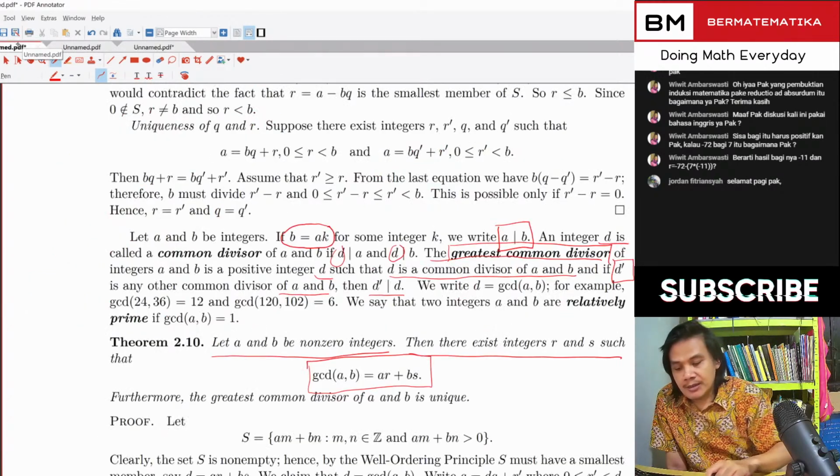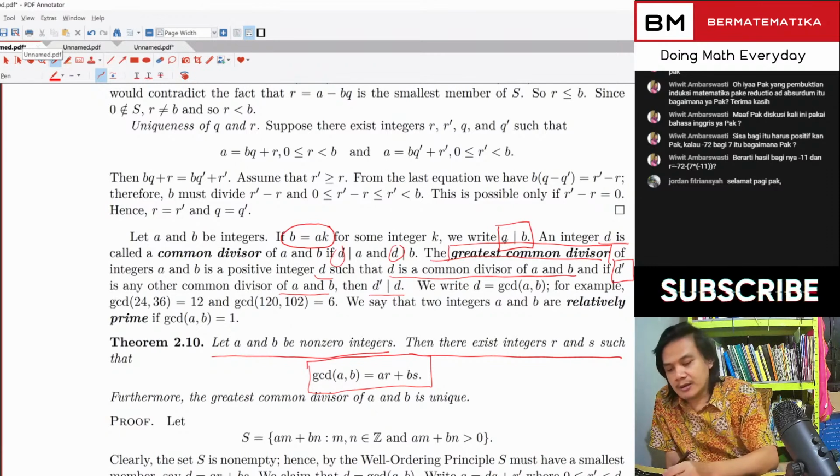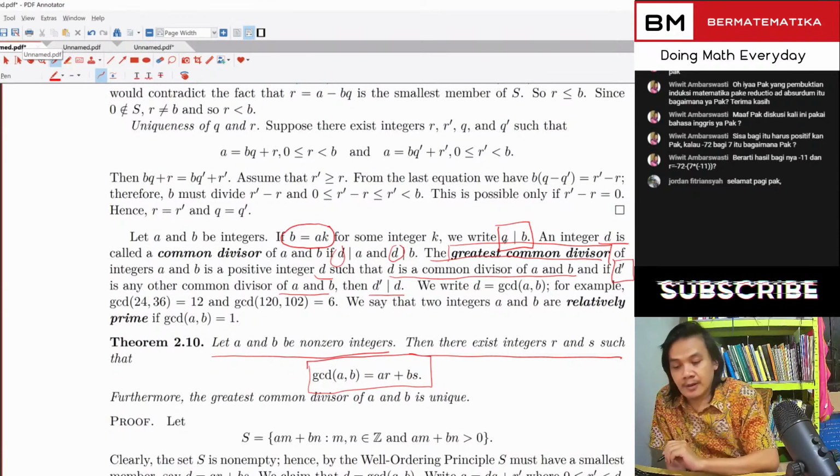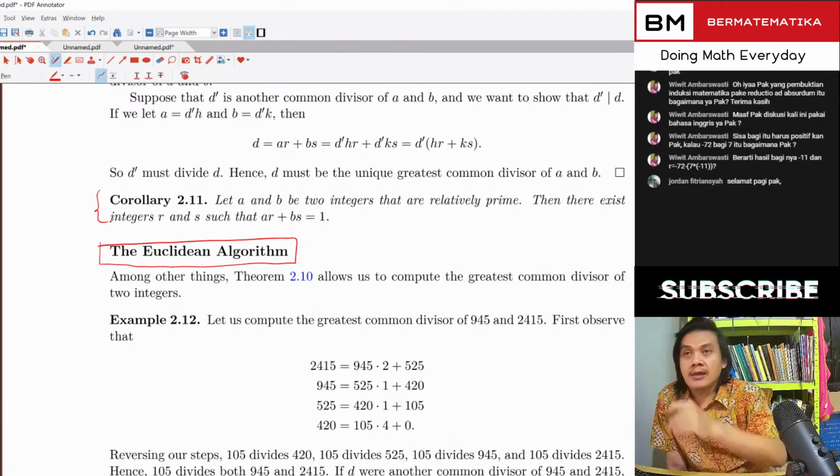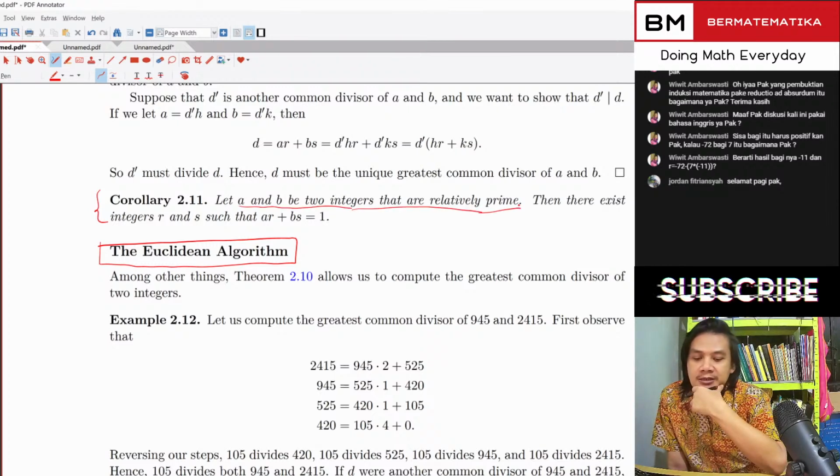And the next one is the Euclidean algorithm. Before that, we need to emphasize that whenever two integers are relatively prime, which means that their greatest common divisor is 1, then there exist R and S such that AR plus BS is equal to 1.